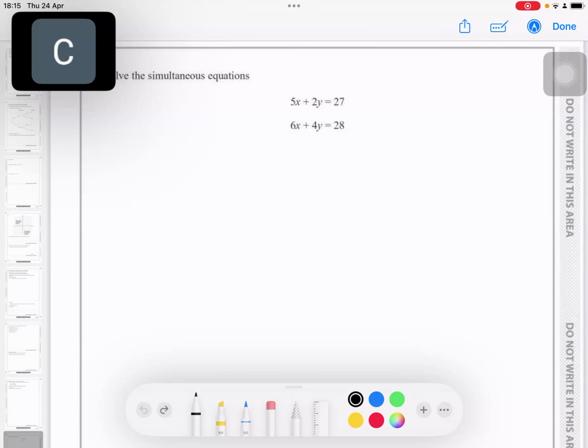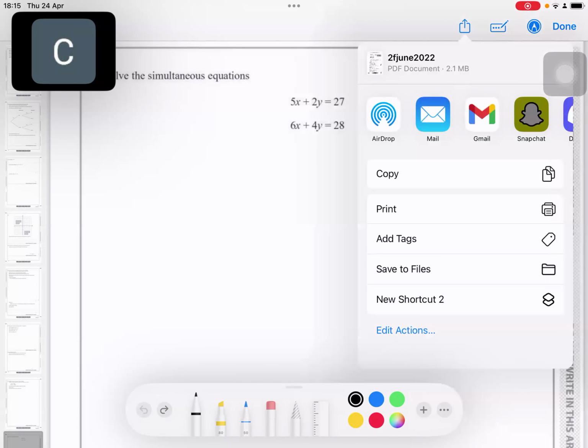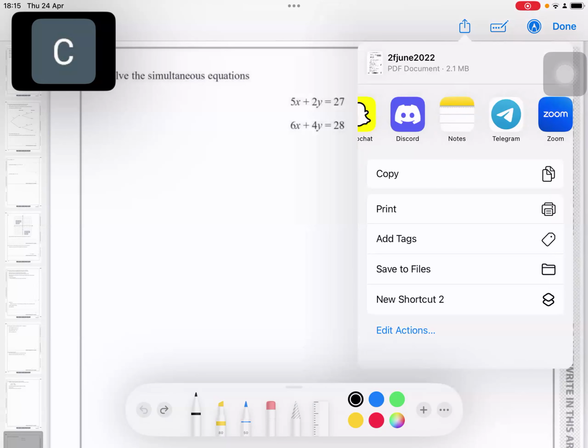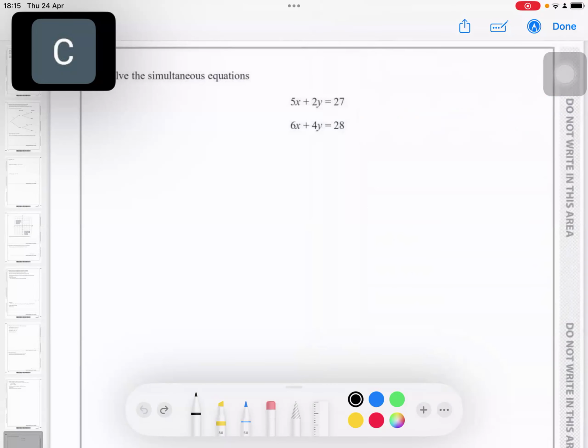The whole idea again is that there is a value of x and a value of y such that, put into equation 1, when you multiply 5 by x and add 2 times y, you get exactly 27.